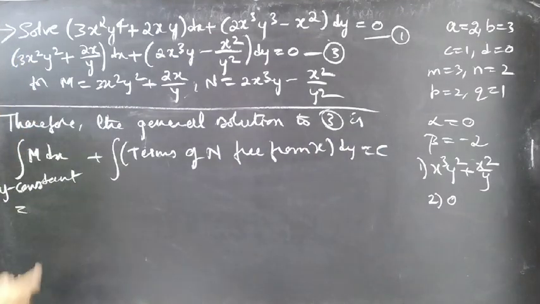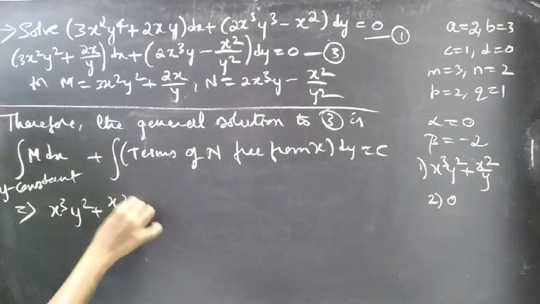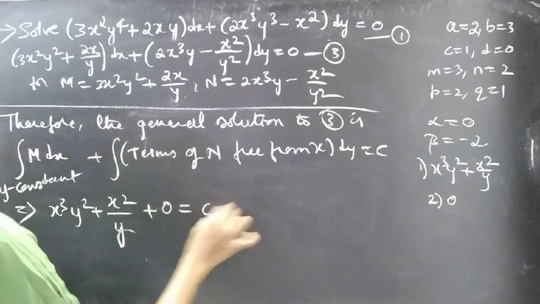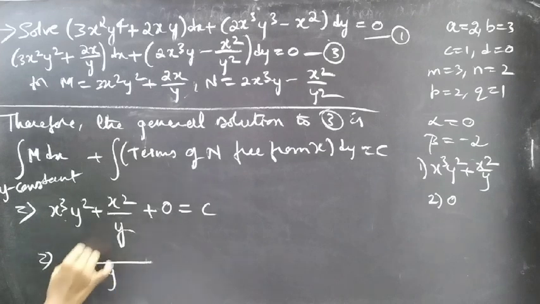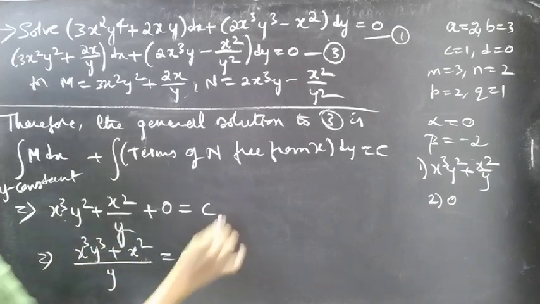The result from the first integral is x cube y square plus x square by y, plus the result from the second integral, which is 0, equal to c. Now take the LCM of these two, and you will get x cube y cube plus x square by y equal to c.